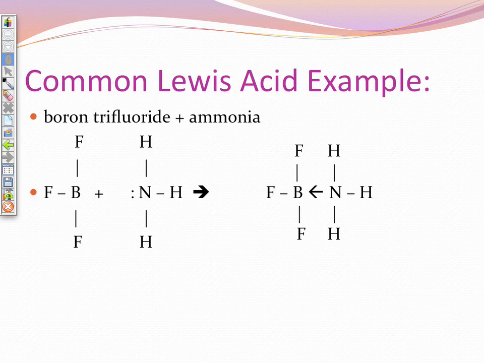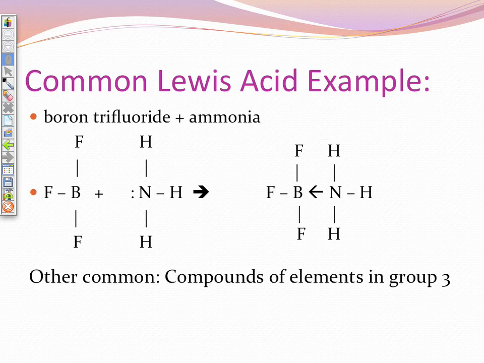Again, it's being shared overall, but the electrons that are being shared all come from nitrogen. Sometimes we see other elements that are in group 3 that can act as Lewis acids, just like boron is in group 3, so aluminum, gallium, indium, thallium, those all sometimes can form some of these Lewis acids.